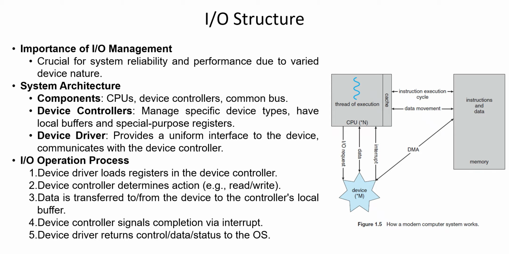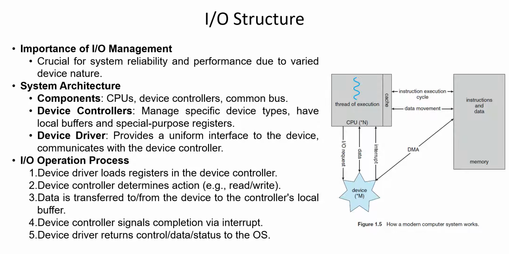Here's the general I/O operation process, step by step. First, the device driver loads the registers in the device controller. Second, the device controller determines what action to take, for example, a read or write. Third, the data is transferred to or from the device through the controller's local buffer.